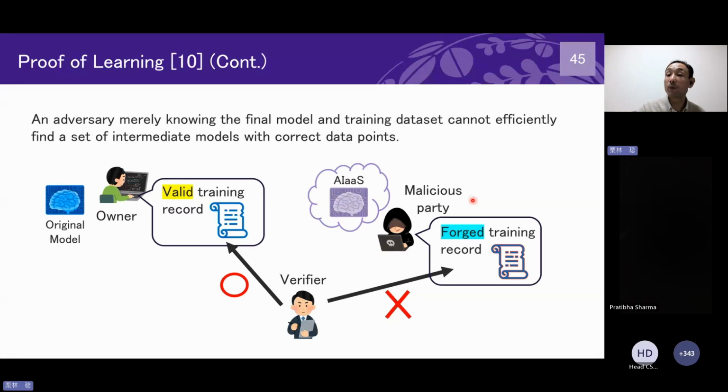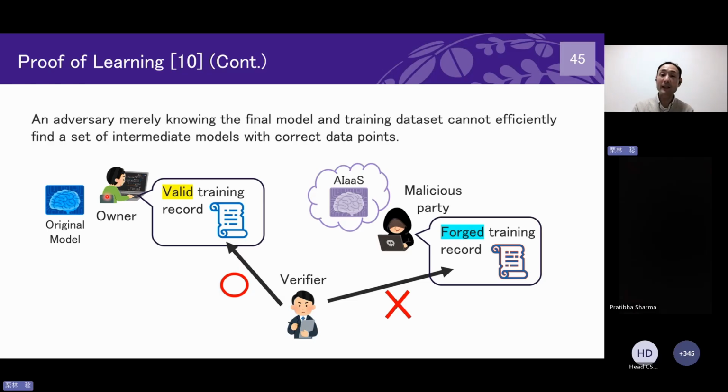Instead, he will forge the training record. But in this case, the malicious party cannot convince the verifier that this is a valid training record. The verifier can check that this is a valid one and this is a forged one. Therefore, the verifier can be convinced this is the correct, original owner.